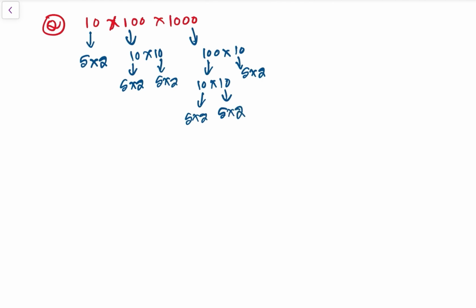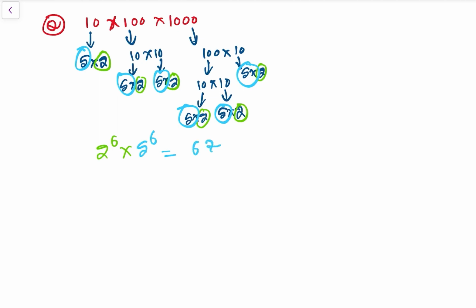Now count the number of 5s and the number of 2s: 1 2 3 4 5 6, so 2 to the power 6, and 5s are also 5 to the power 6. So how many 2 into 5 pairs are possible? 6 zeros are possible. This is the normal method of finding the number of zeros.